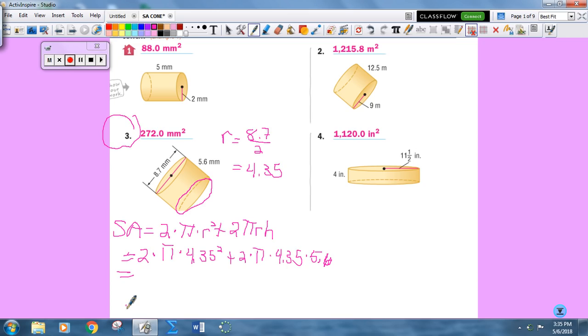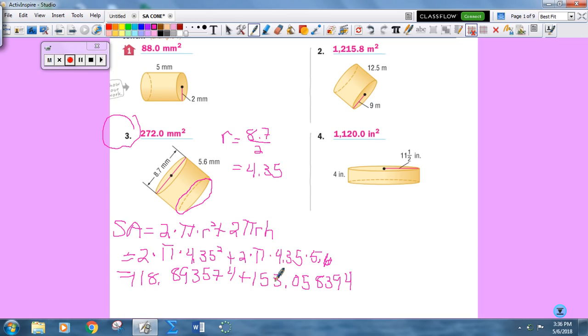So 4.35 squared times pi times 2 gives me 118.89357, plus 2 times pi times 4.35 times 5.6 gives me 153.05839.